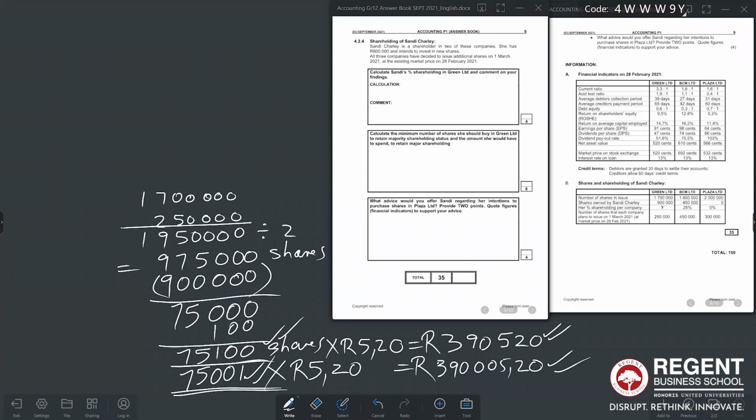You're going to talk about, although the dividends may be high, because they gave us a payout rate of 103%, but they paid out by using the profits of the previous financial years. So what advice are you going to give her? You're going to quote these figures. You're going to tell her about the net asset value. You're going to tell her about the payout rate.